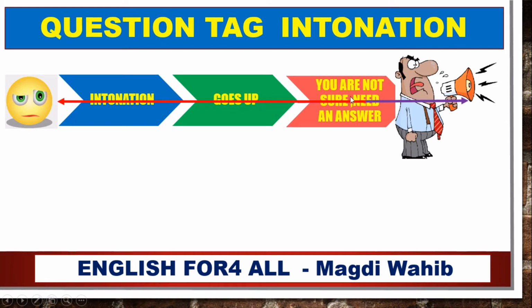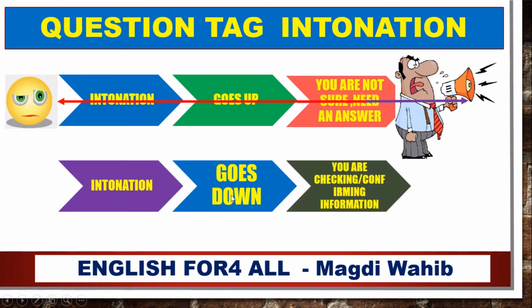If we are raising our voice a bit when we are asking the question tag, this means that you are not sure and you need an answer. Vice versa, if the intonation goes down, this means that you are checking, confirming information.